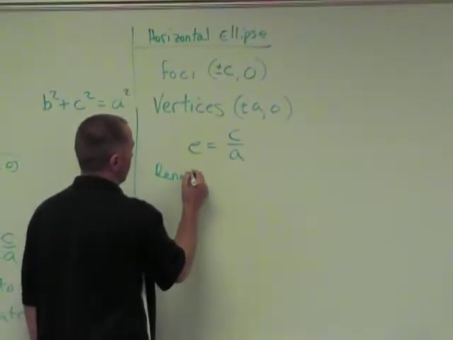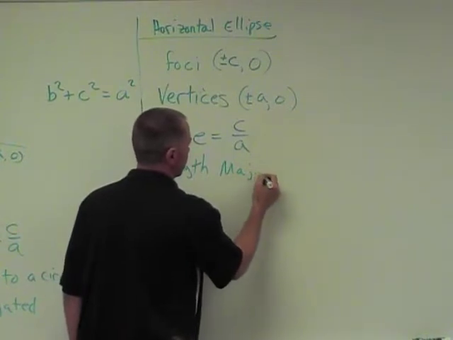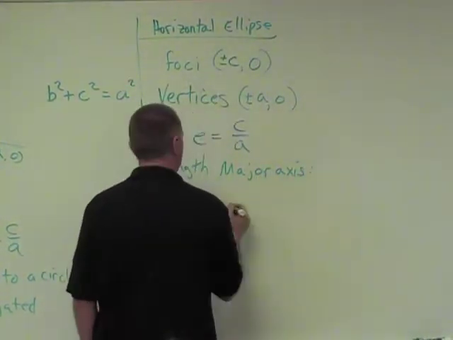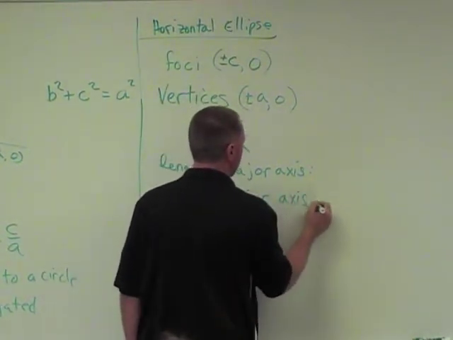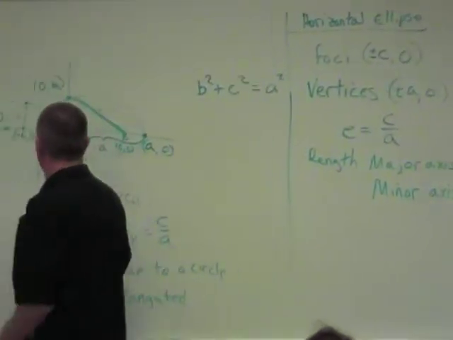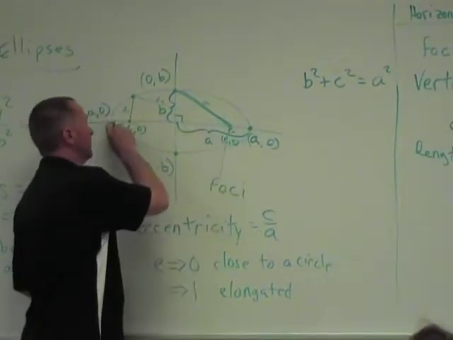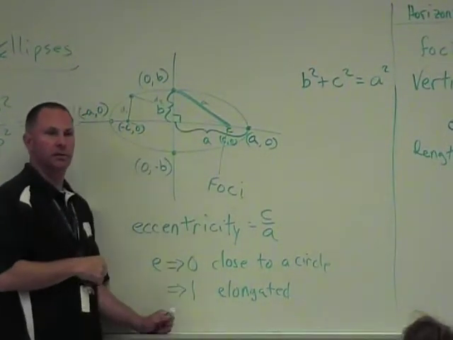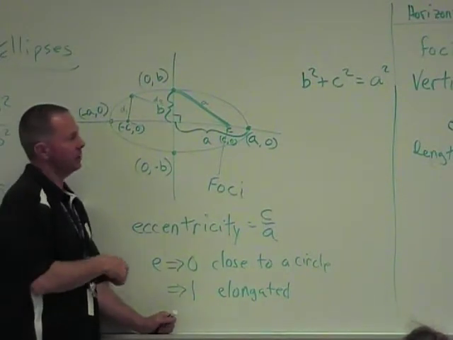Then somewhere in your homework, they want the length of the major axis and the length of the minor axis. So in a horizontal ellipse, what would be the length from vertex to vertex on this figure? 2a.